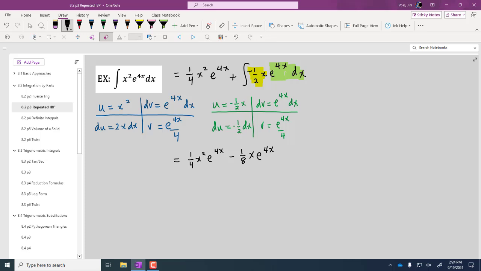Right there, multiply together. So uv minus the integral of v du. v du is the bottom row. Oh, I see, v du is negative, right? Negative right there. So that negative comes out, it's going to make that positive. And we're going to have 1/8 e to the 4x.